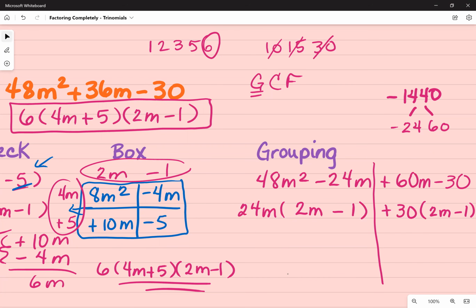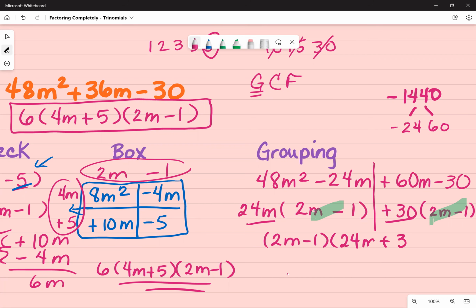Again, if I'm doing this correctly, my GCF is going to be the same in my parentheses. The signs and everything will look exactly the same. Now I want to pull that out, the GCF of the quantity of 2m minus 1. And what's left over, I'm going to put in its own separate set of parentheses, 24m plus 30.